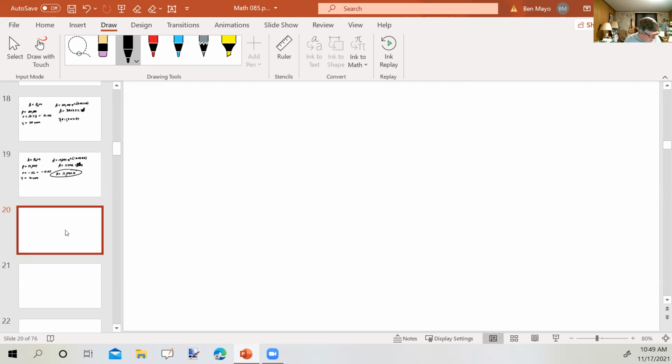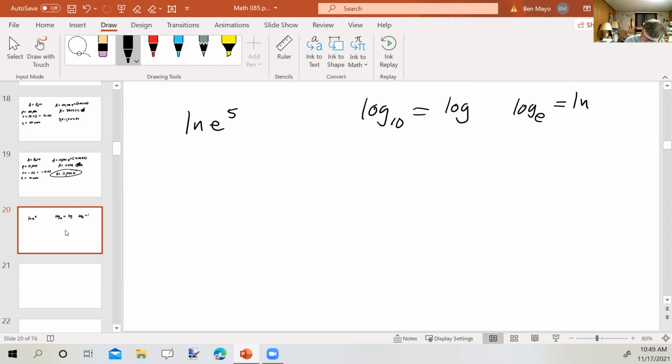Next, it says evaluate each expression without using a calculator. Okay, we've got ln e to the fifth. Now recall from before, log base 10 is written log, log base e is written ln, which stands for natural log. Because base e is used a lot, and they've already got base 10 written without the base, log base e they write as ln.